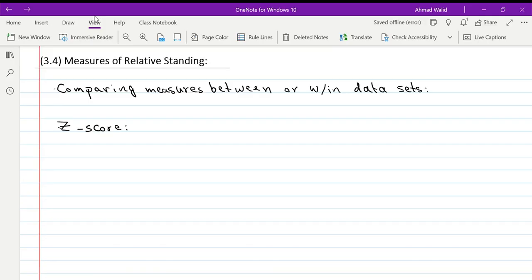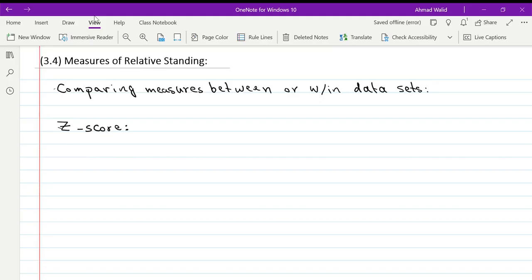We already used a type of such a formula in 3.3, but we didn't name it. Today we officially name that formula, and after this we will use it as a z-score.